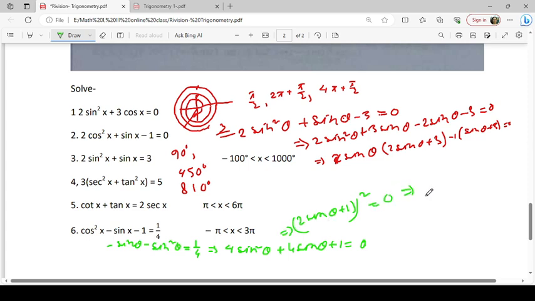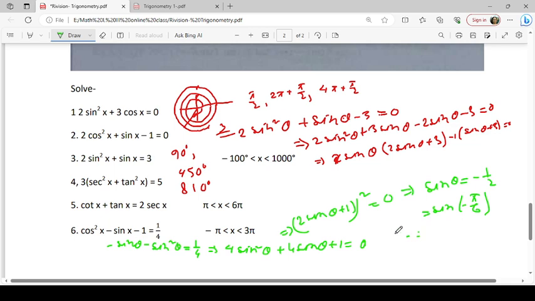So this implies sine theta equal to minus half. Sine theta equal to minus half means theta, the principal value, we can write as sine of minus pi by 6. So minus pi by 6 is in the third quadrant and fourth quadrant.